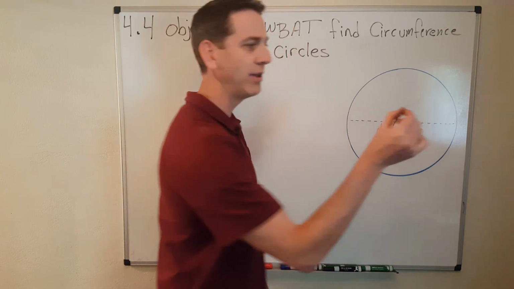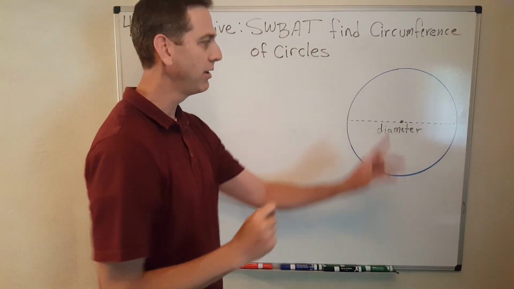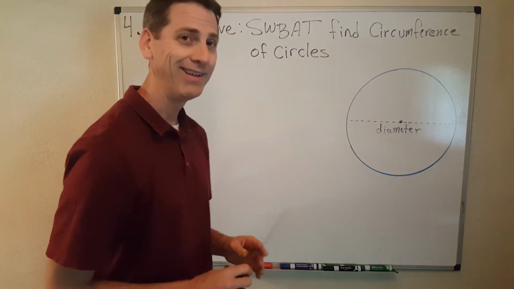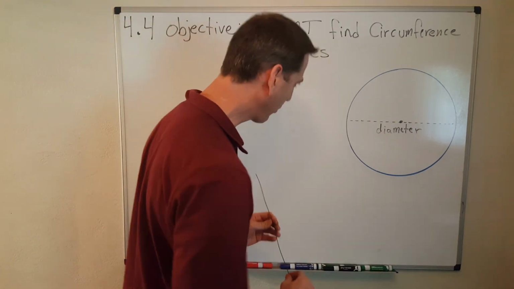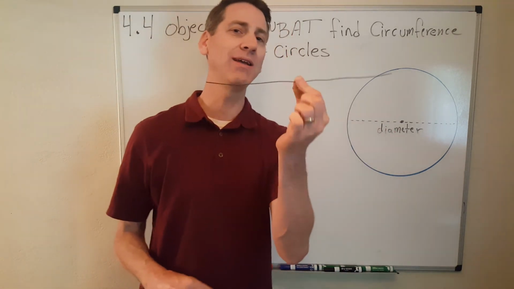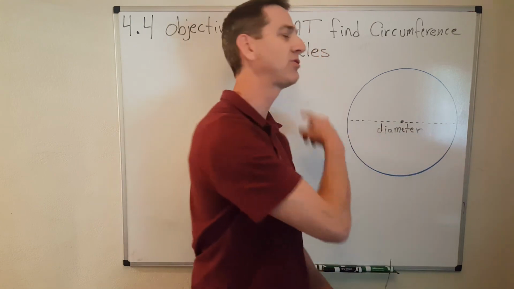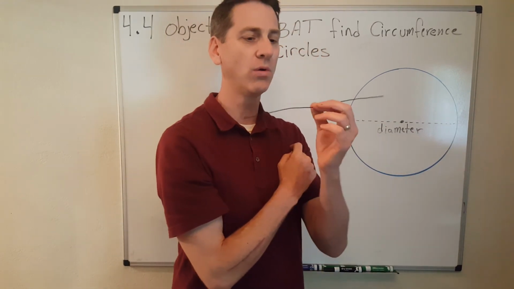So this is the length of the diameter of this circle. And by the way, I did not draw that circle by hand. Here's what we're going to do. We're going to see how many of these diameters can go around the circle. How many do you think will go around the circle?